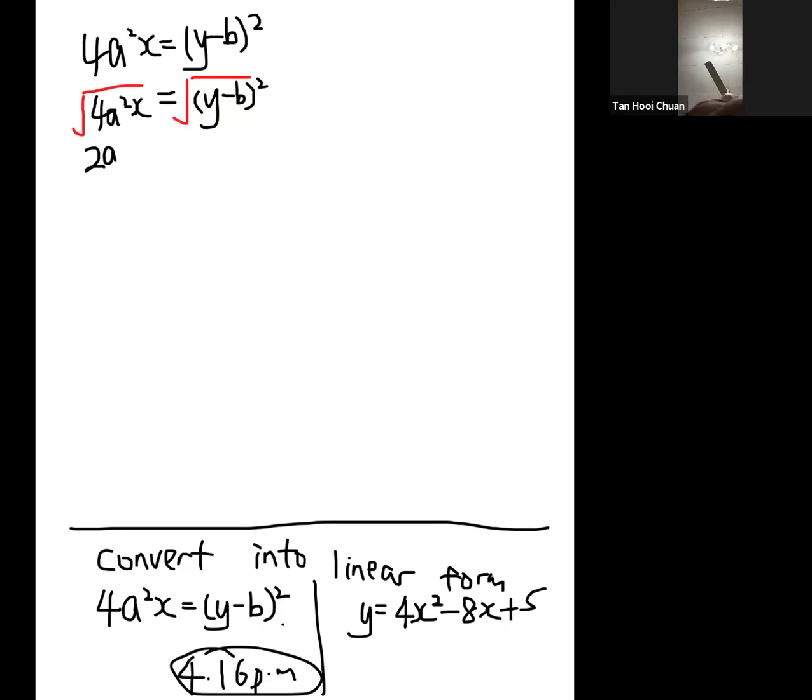So it's 2a root x. X becomes root x already. Here is just y minus b. So you leave your y alone. Minus b you bring over there is plus b.